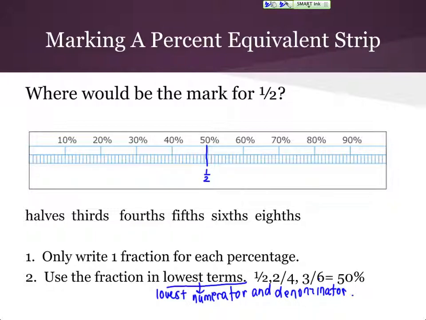Okay? So let's look at another one. Let's look at 1/3. What two fractions do we have for 1/3? What is a fraction equivalent of 1/3? Vivian? 33 1/3. So we know that 1/3 is equal to 33 1/3%.